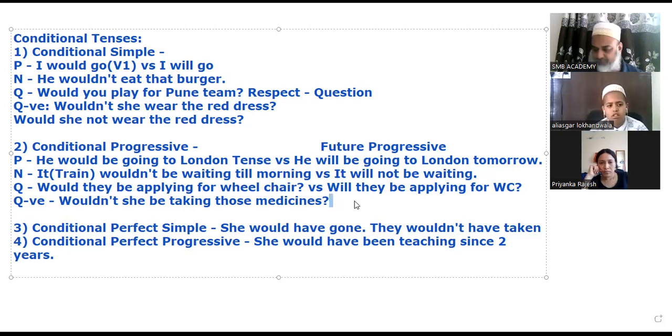What will be the sentence for future progressive? ये हमको करना है ना। अभी आप आओगे मंडे को तो यही करना है हमको, राइट? तो क्या आएगा?